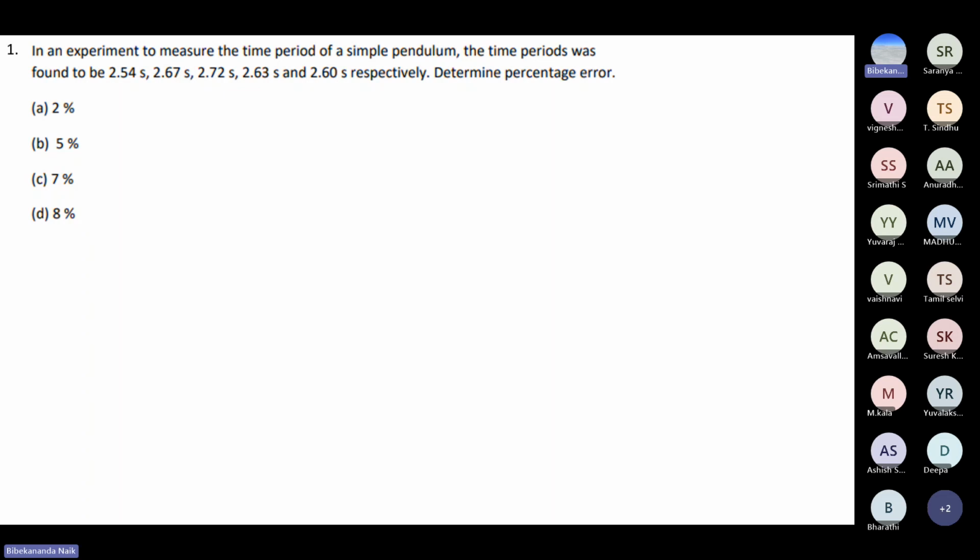Determine the percentage error. So these are 5 values that were measured by an observer, and you want to find the percentage error in this observation. So it is quite easy. I will give you a few minutes to try. So please try and tell me what will be the correct answer.